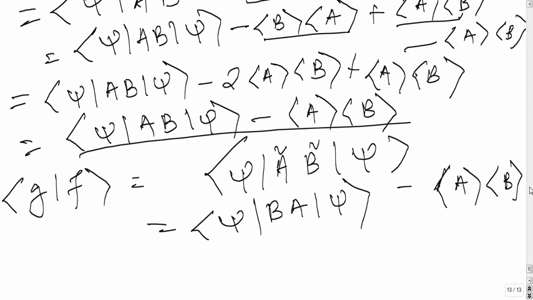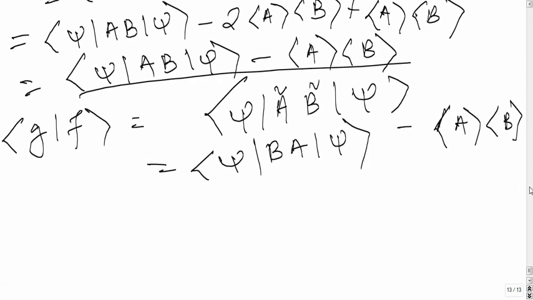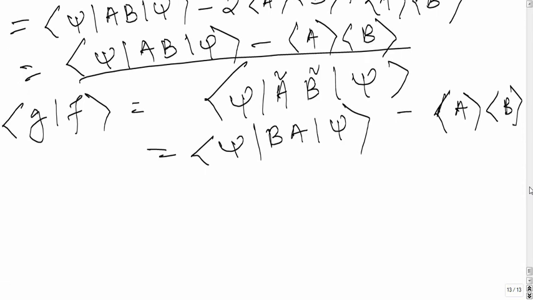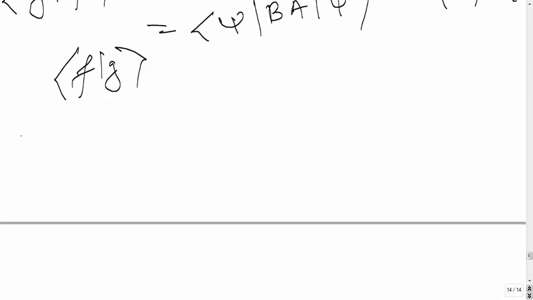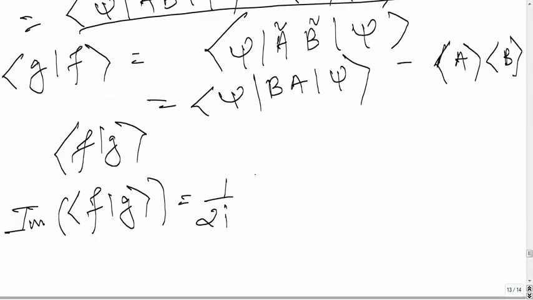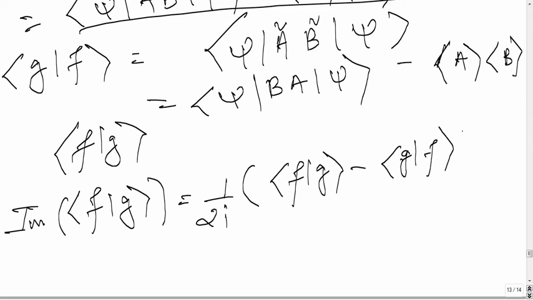We can now use this to find a nice expression for the imaginary part of the inner product of f and g. You know, I hope you know, that the imaginary part of any complex number is the complex number minus its complex conjugate, divided by 2i. So we have computed both of them, this and this.